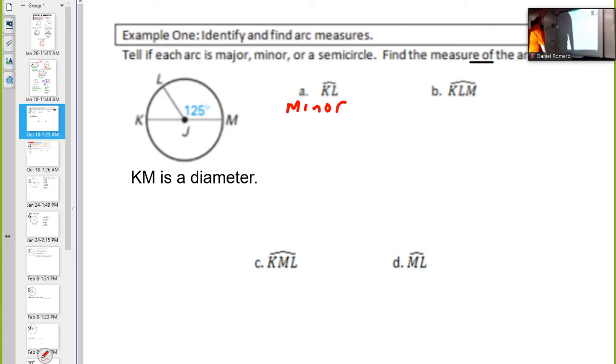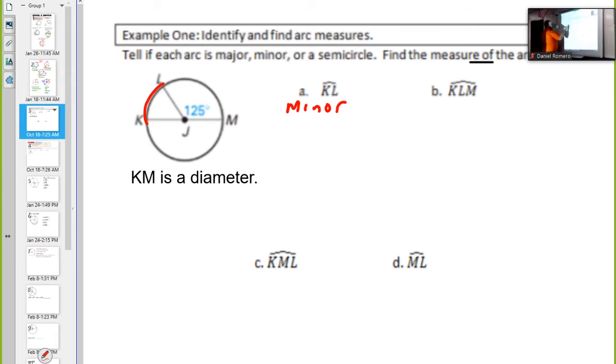Okay, you could say that. That's fine, I'll take that. But let's say that we couldn't see the diagram. How do you know just by the way it's named that it's minor? It's being named with only 2 points. Very good.